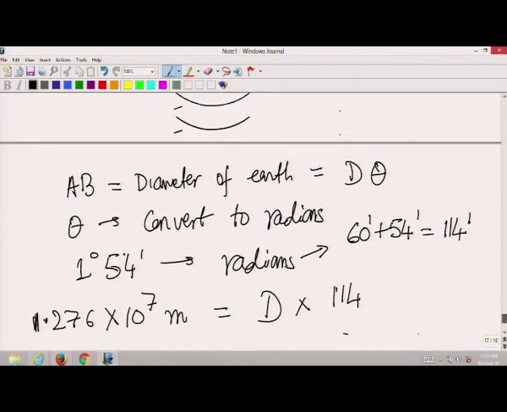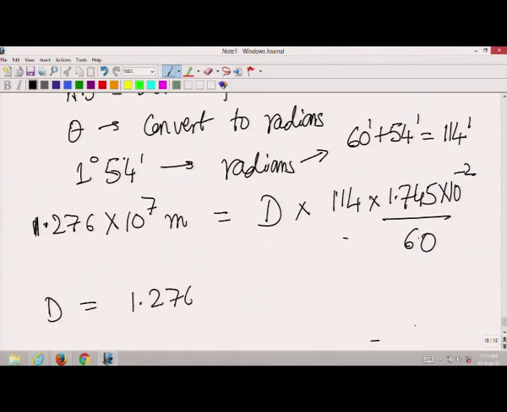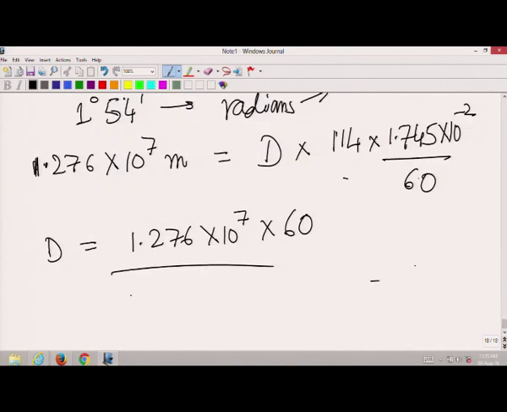Therefore, this will multiply by 1.745 into 10 to the power of minus 2 divided by 60. And now we work this out. So, we will get D is equal to 1.276 into 10 to the power of 7 into 60 divided by 114 into 1.745 into 10 to the power of minus 2 meters. So, we can work this out.